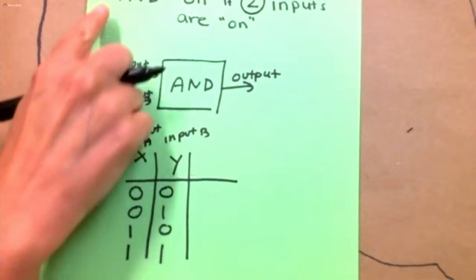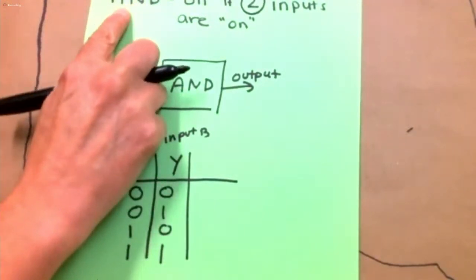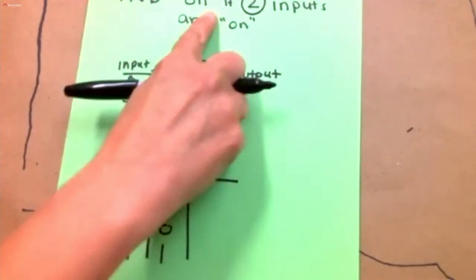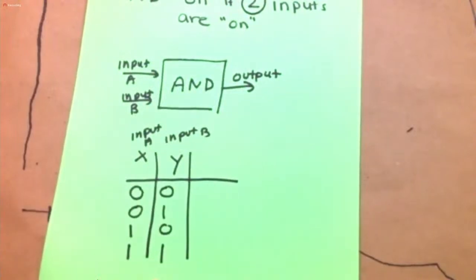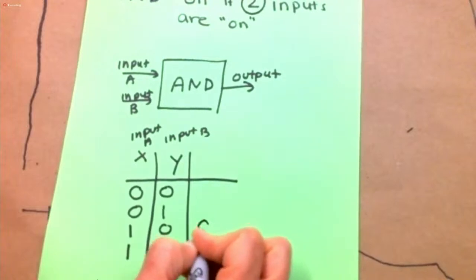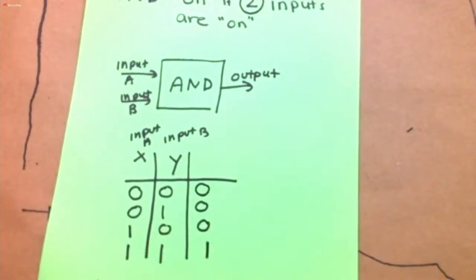And if we take a look at the definition of AND, I'm going to get an on output only if the two inputs are on. So this bottom row right here is the only place where that happens. That's the only place I'm going to get an output that's a 1 from an AND gate. Every other time, I will get one that's off.